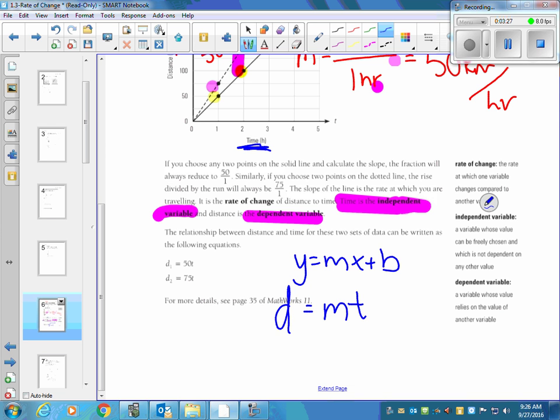Now, if you take a look, in all cases when you went no time, you had no distance. So this b, your y-intercept, is 0. So no matter what, you actually get an equation of y is equal to, which is d. So d is equal to 50 times t, or d is equal to 75 times t, just depending on what the slope of the line is.